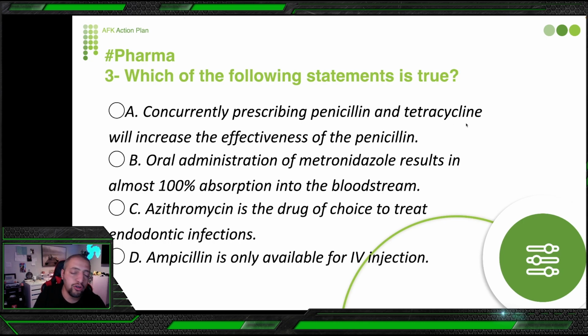And even from your clinical experience, you never see penicillin and tetracycline in the same prescription. You don't give them together. It's either or. So here we have 3 pieces of information that are not correct. So do not hesitate to pick this one. You have no clue about this one, but the other options are not correct. So when you conclude the other options are not valid and you don't know this one, do not hesitate to pick it.